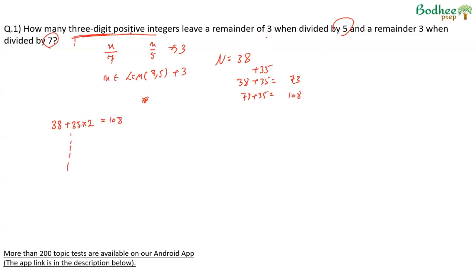If we keep doing this, 35 into 20 will be 700, and 910 is a multiple of 35.